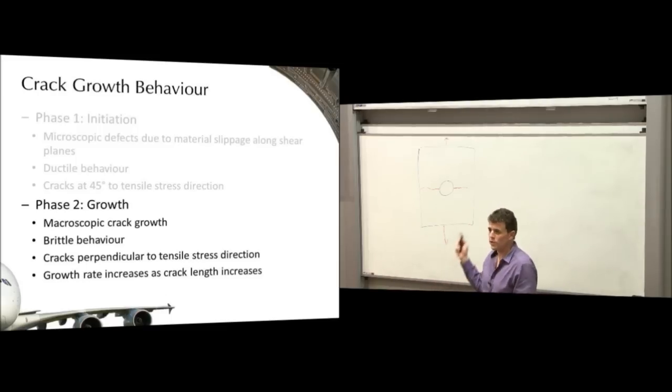And crucially, the crack growth rate increases as the crack length increases. Now, if a rate is proportional to the magnitude of the variable in question, what do we end up with generally? Something exponential. So in this case, it's not truly exponential.